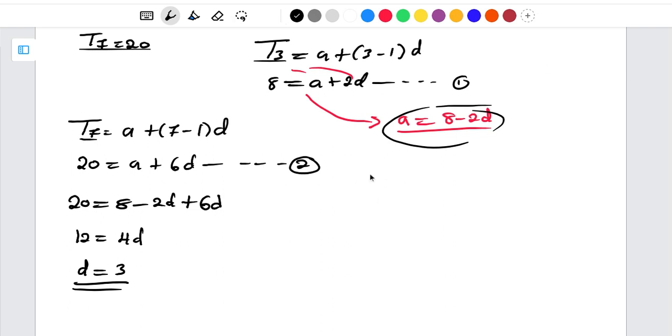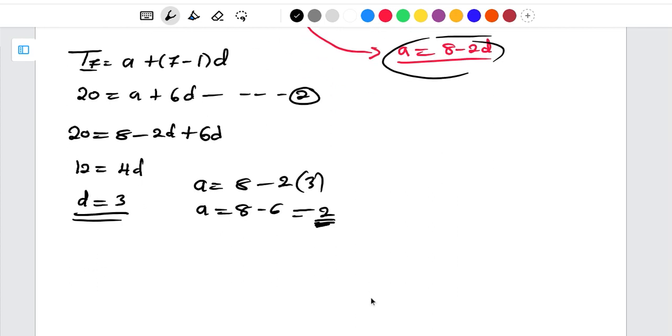A is going to be equal to 8 minus 2D, and the value of D is 3. So the value of A is going to be 8 minus 6, which is going to give me 2. So this is the value of A, the first term, and the common difference.